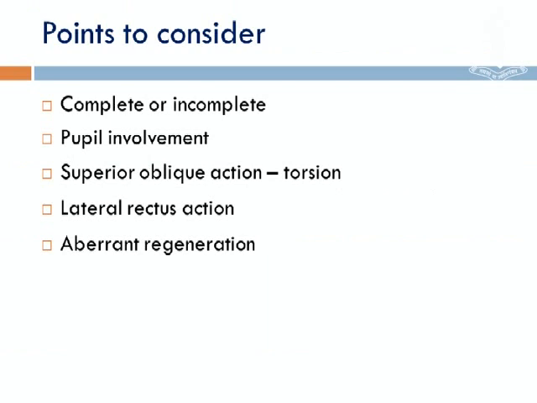So when you come across a third nerve palsy, these are the points you have to identify. Whether this is a complete or an incomplete third nerve palsy, whether the pupil is involved or spared, is the superior oblique or fourth nerve involved or not? How do you check for the superior oblique in the case of third nerve palsy?